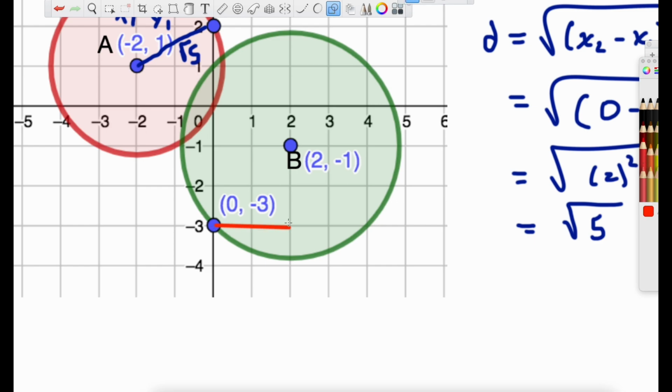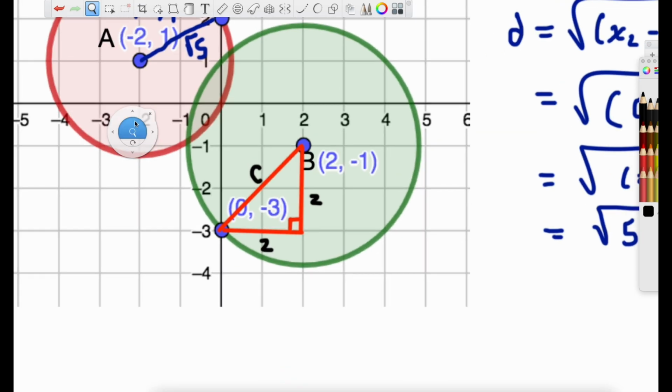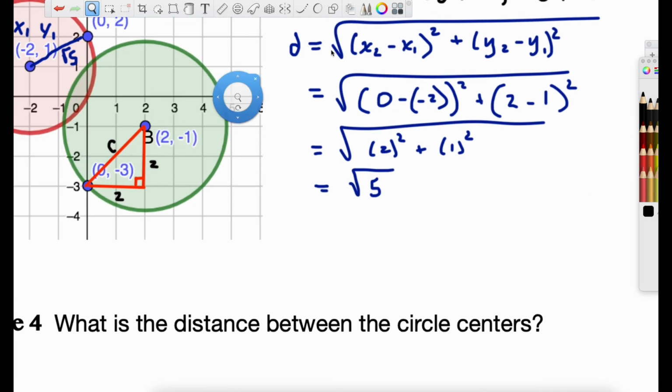We have a triangle here, and we've got a leg of 2, a leg of 2, and we want to find this hypotenuse, which we call c when we use the Pythagorean theorem, but it's really the radius of circle B. So a squared plus b squared equals c squared.